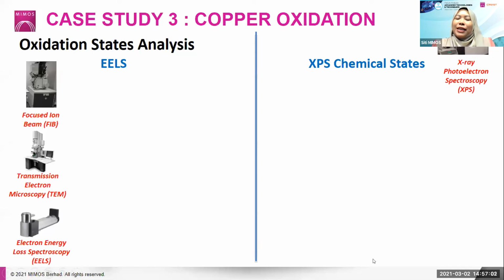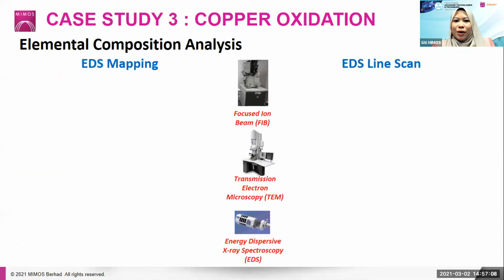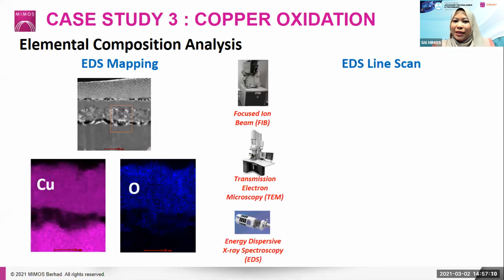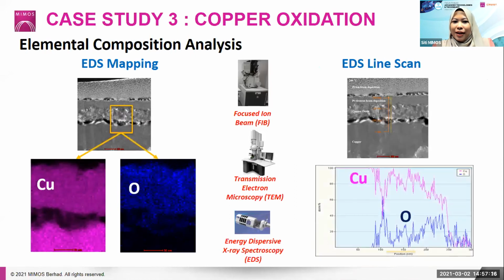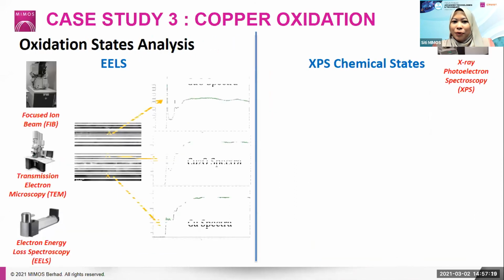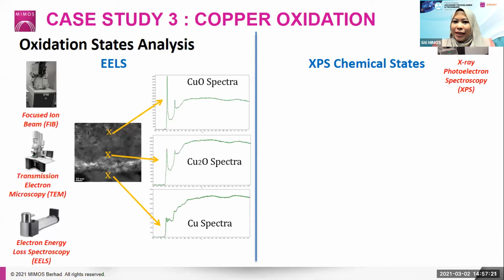Basically, EDS and EELS are both for material analysis, but EDS can only provide the elemental information, which means single elements. The advantage of EELS is that it can directly give you information about the chemical state. It is no longer a single element, but if we have a single element, it is also possible to do.